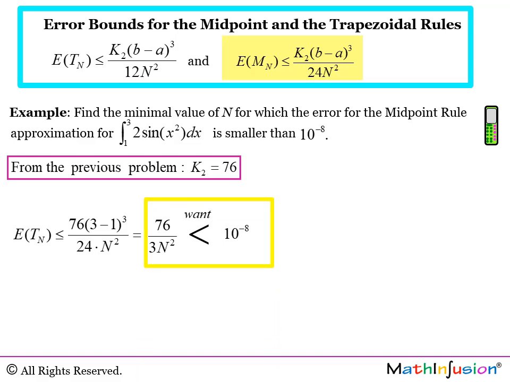I need to solve the inequality here, because I need to find n. First, I multiply both sides by 10 to the 8 and by n to the power of 2, and we get that.